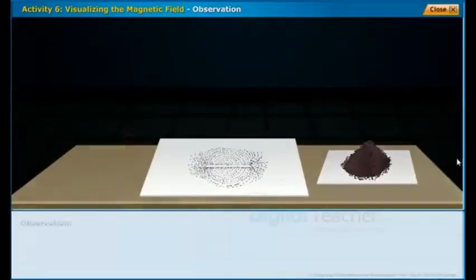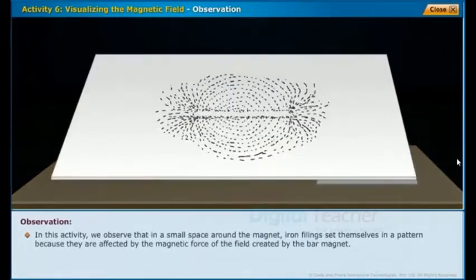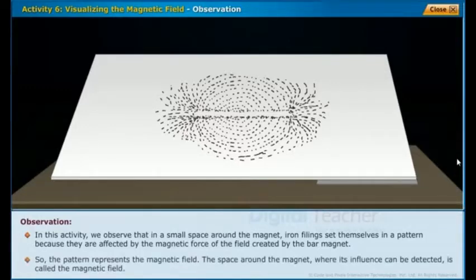In this activity, we observe that in a small space around the magnet, iron filings set themselves in a pattern because they are affected by the magnetic force of the field created by the bar magnet. So the pattern represents the magnetic field. The space around the magnet where its influence can be detected is called the magnetic field.